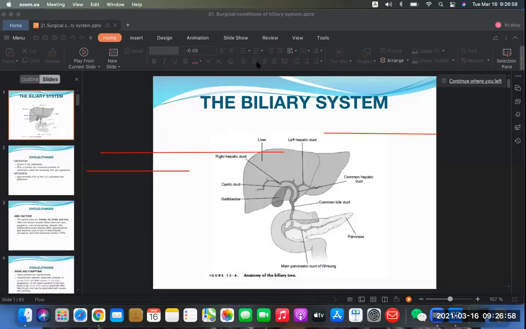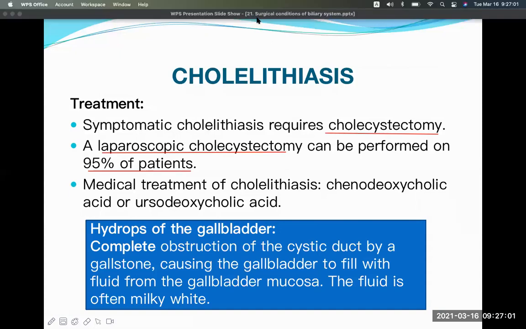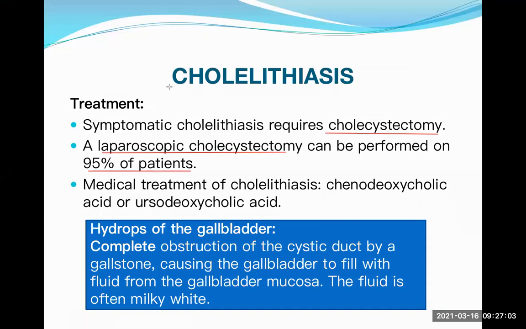Okay, now what is the medical treatment after this? Now, is medical treatment available for cholelithiasis or not? Now the answer is it is available, but it is not that highly reliable. Nevertheless, we can start this type of drug called chenodeoxycholic acid or ursodeoxycholic acid.